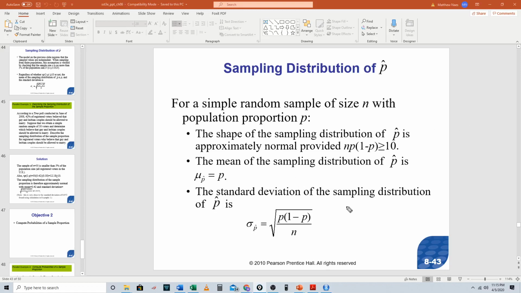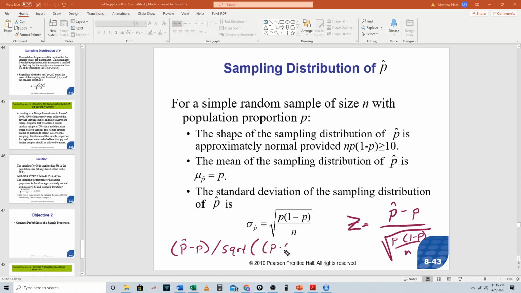Formula for z. Z is equal to p hat minus p over giant square root of p times 1 minus p over n. Okay. I wouldn't put this on R. I mean, you could, and if you really wanted to, it would be parentheses p hat minus p close parentheses divided by SQRT of parentheses p times 1 minus p close parentheses over n close another.